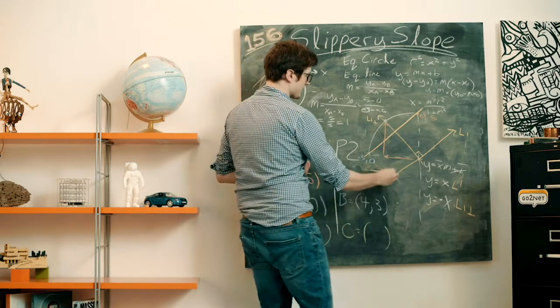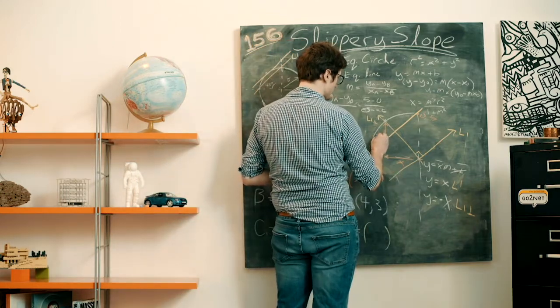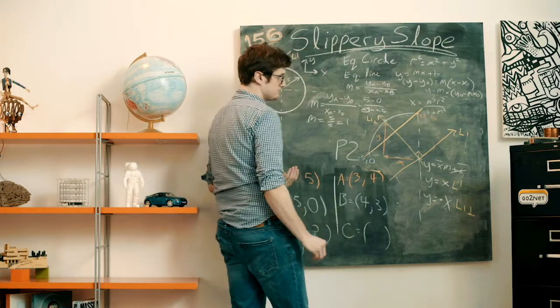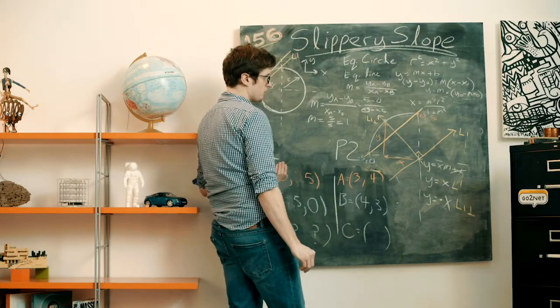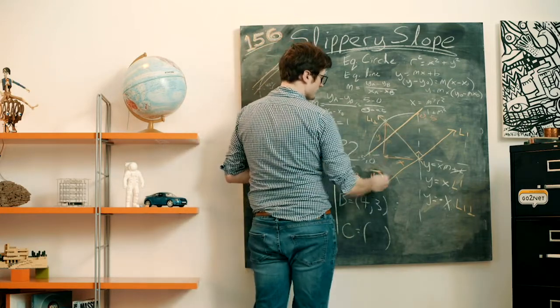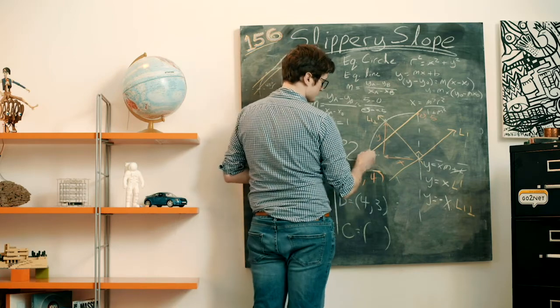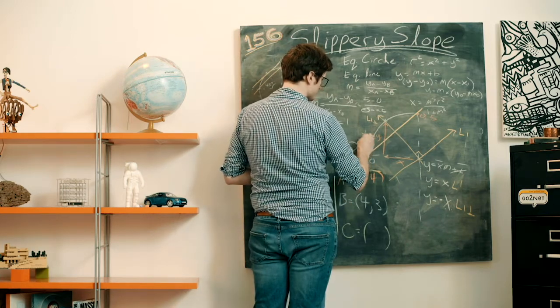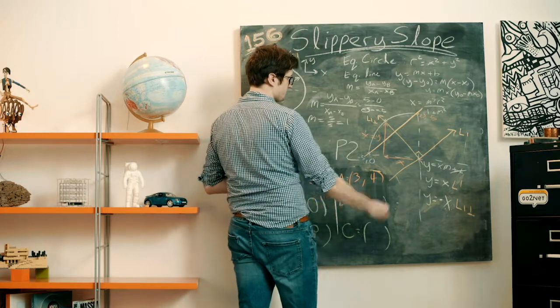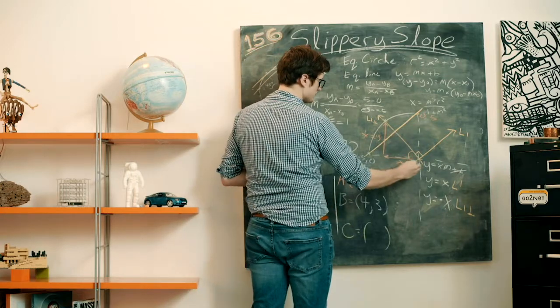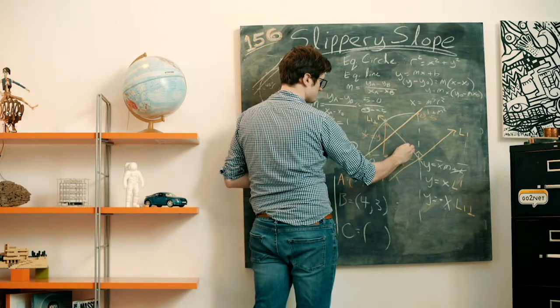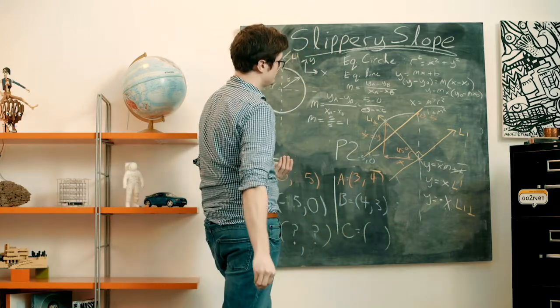And if we know that x is going to equal y, we can use Pythagoras' theorem here. So let's just say that y is equal to x. Okay? We know that this angle from Pythagoras' theorem will be 45 degrees.